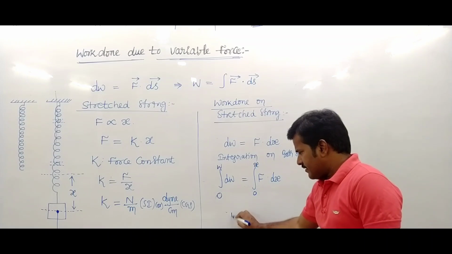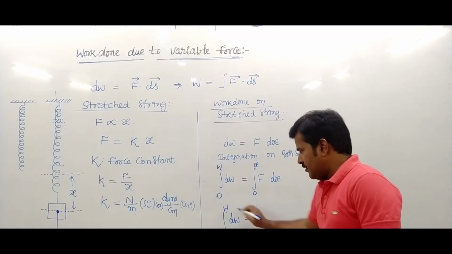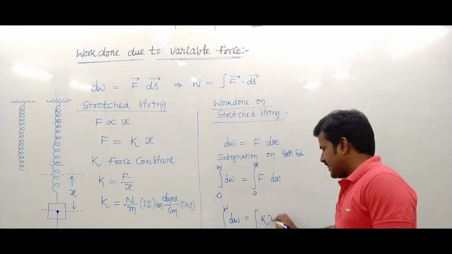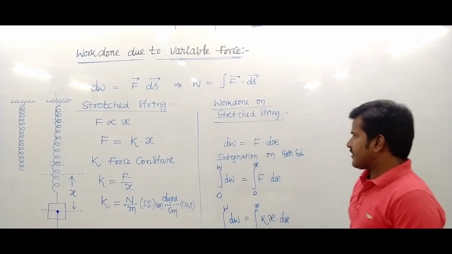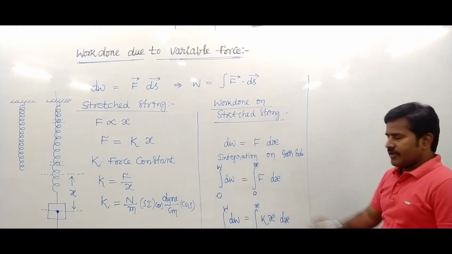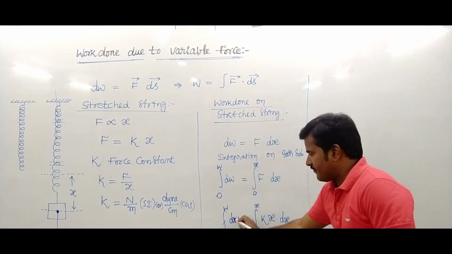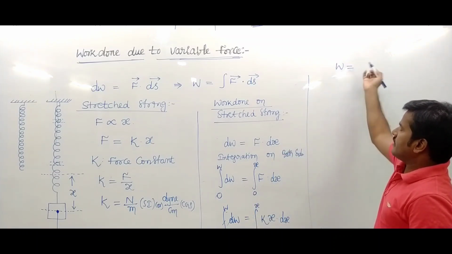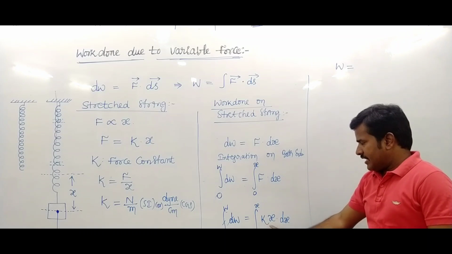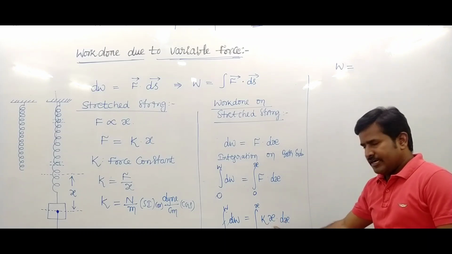Integrating from 0 to W, F is written as kx into dx, with limits from 0 to x. So we find the work done: W equals k times the integration of x dx, where k is constant.